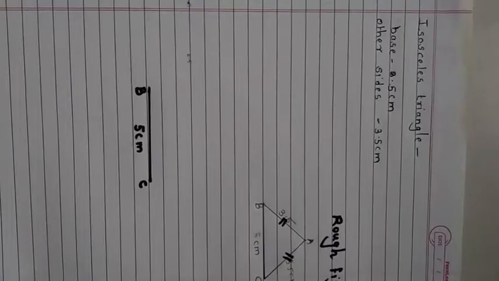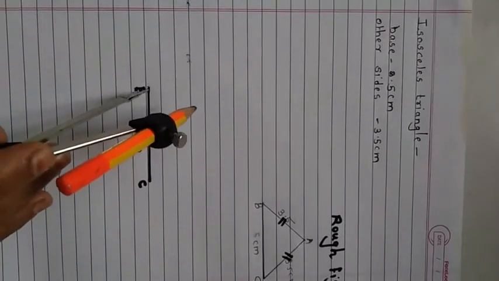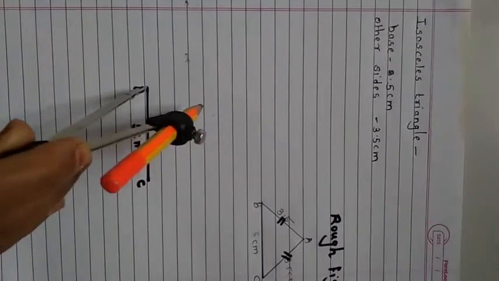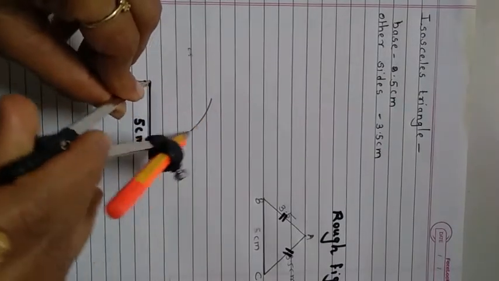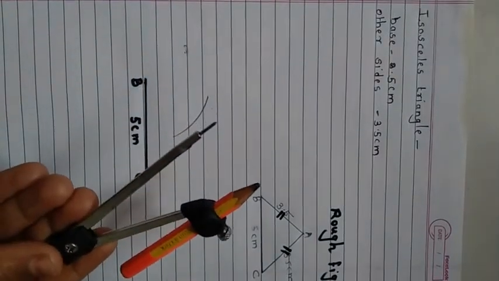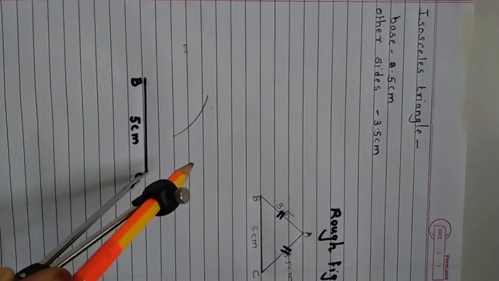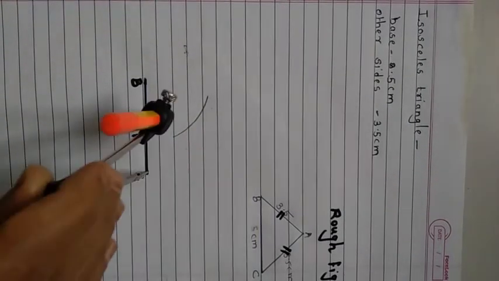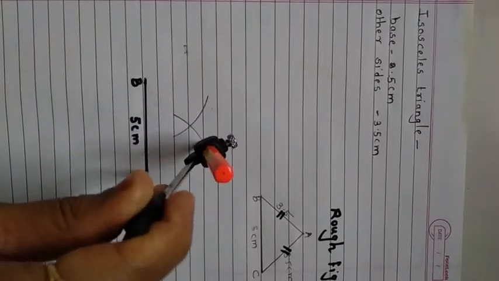Now you can put the pointer of the compass on point B and draw one arc. Same compass, don't change the distance. Put the pointer of the compass on point C and draw an arc.